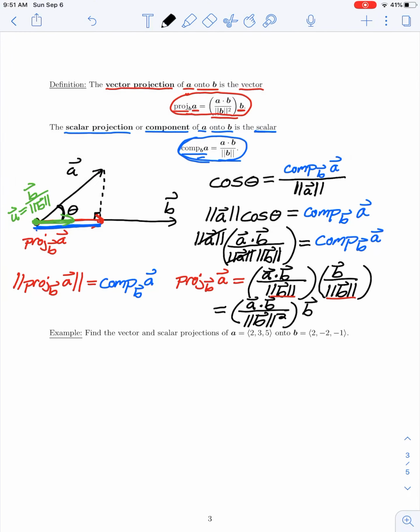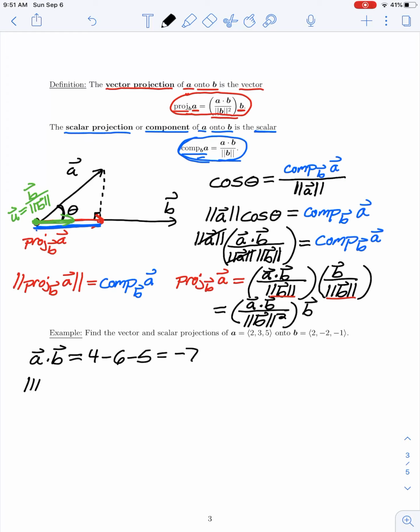The first of which is the dot product of A and B. So in this case, we would have the product of the first components is 4, plus the product of the second components would be -6, plus the product of the third components is -5. So we're left with a -7, which means that the angle between the vectors A and B is obtuse.